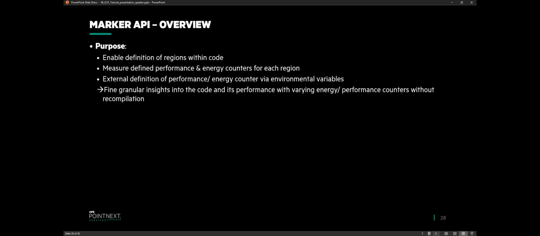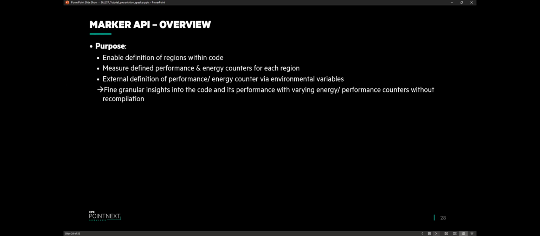First of all, the marker API is pretty handy if we have an application where we want to provide a more fine-grained insight into specific regions within the code. On the one hand, we're able to define regions within our source code, and on the other hand, we're able to measure performance and energy counters for each region. What is pretty handy is that we can define our performance and energy counters outside of the source code of the application by making use of environment variables.